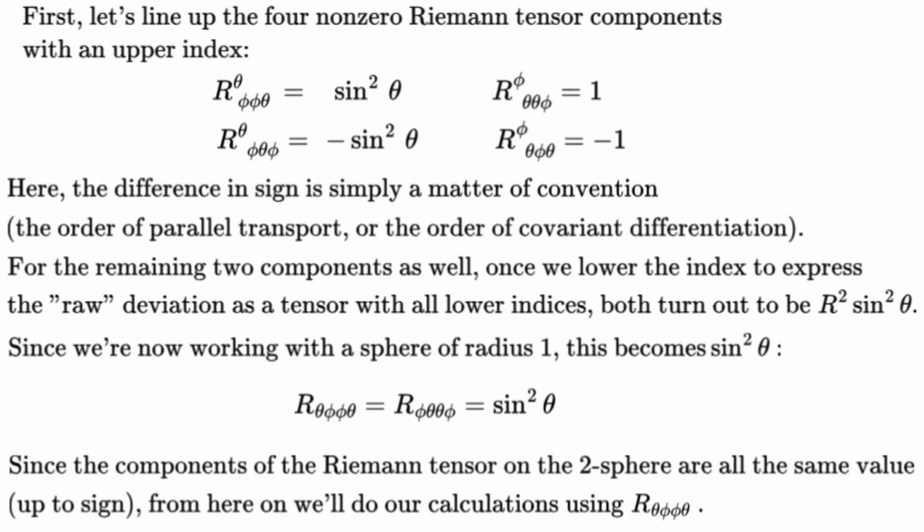For the remaining two components as well, once we lower the index to express the raw deviation as a tensor with all lower indices, both turn out to be r squared sine squared theta. Since we're now working with a sphere of radius 1, this becomes sine squared theta. Since the components of the Riemann tensor on the two-sphere are all the same value, up to sine, from here on we'll do our calculations using R theta phi phi theta.